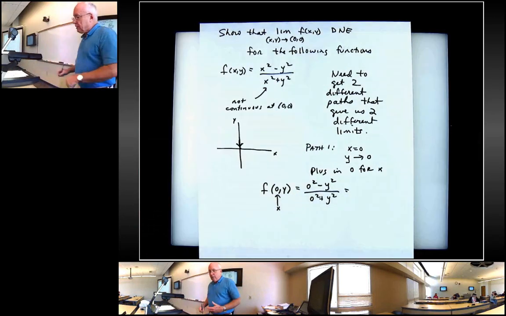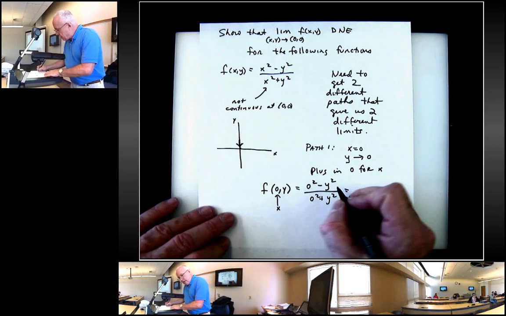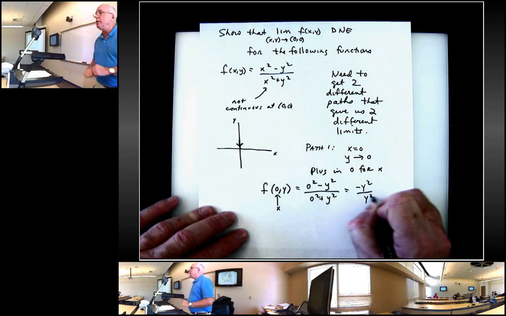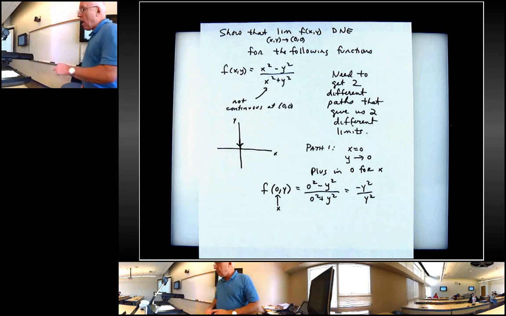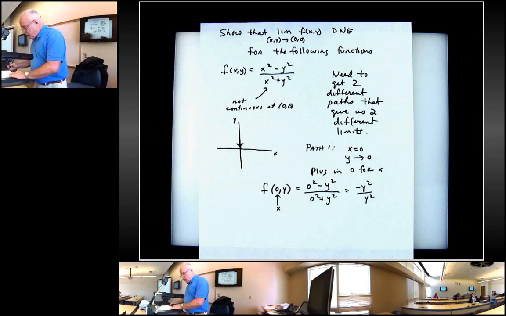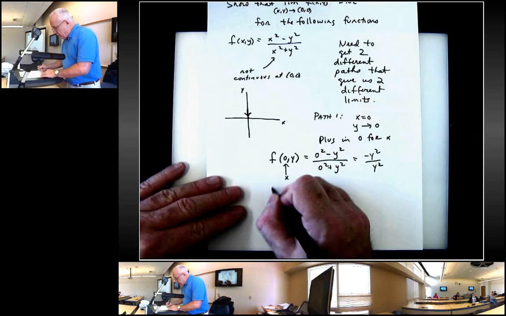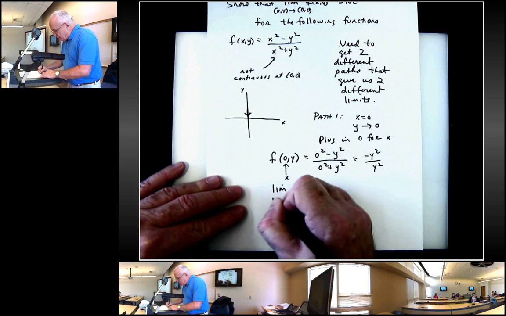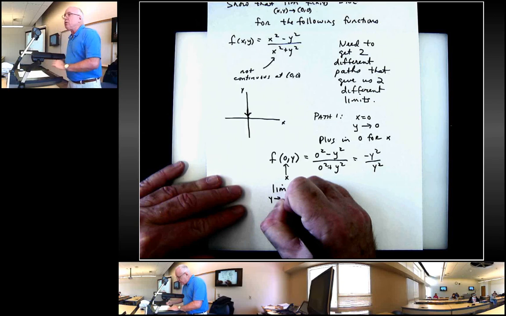And of course, what this is then is minus y squared on top, positive y squared on the bottom. Now, y is approaching 0. So the limit here, minus y squared over y squared, now we're just looking at when y is approaching 0.